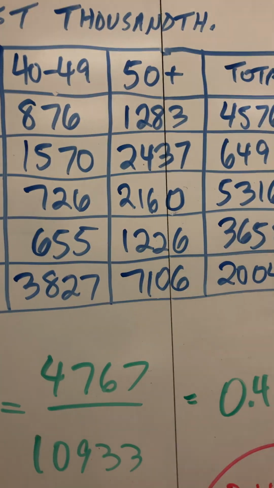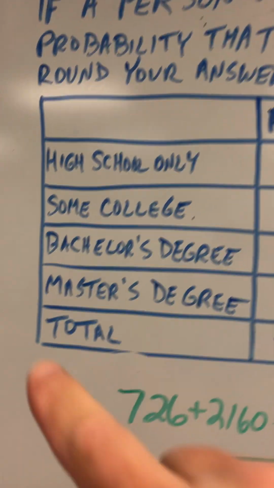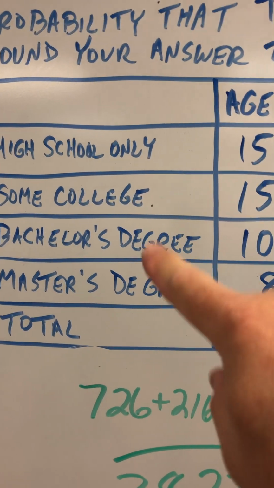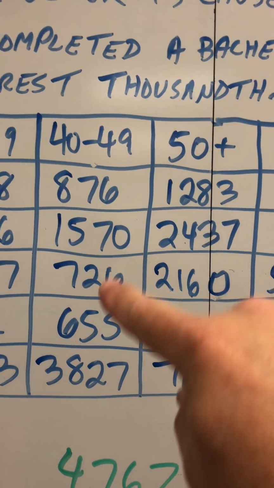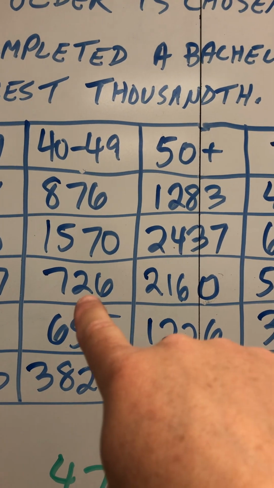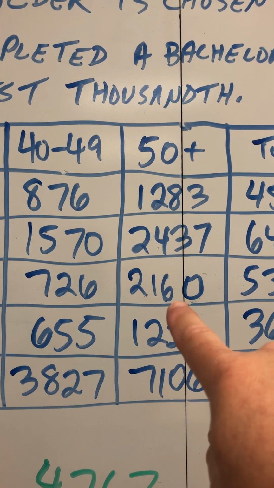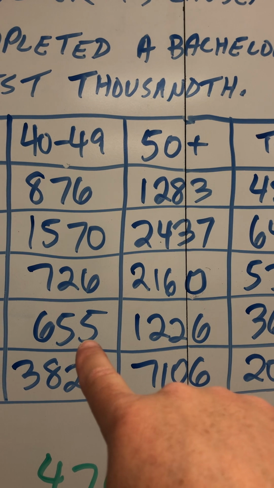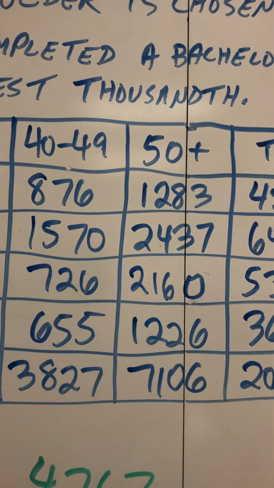Now, what's the probability that they have completed a bachelor's or master's? Bachelor's or master's are these two. So we're going to go to these two. You're going to do 726 plus 2160 plus 655 plus 1226. You add all those together.